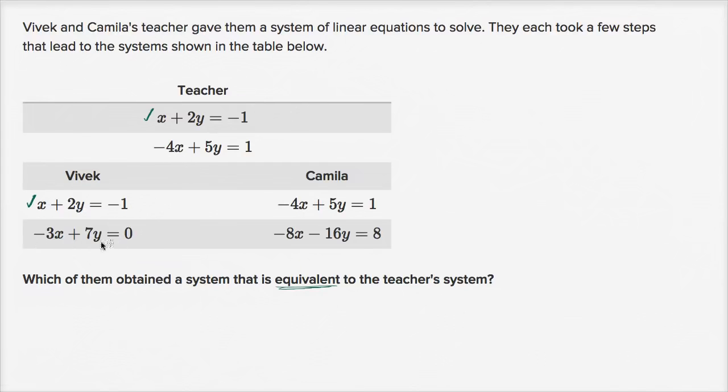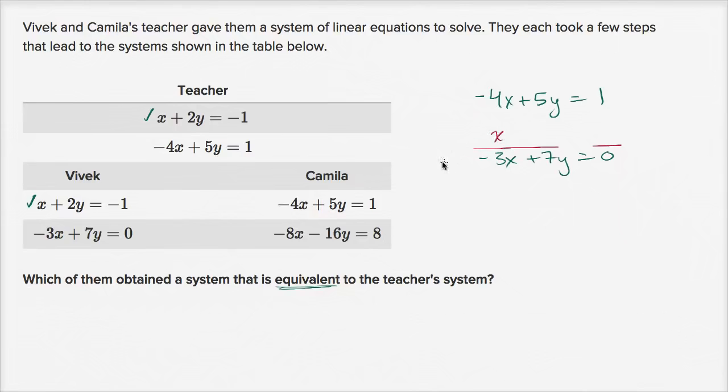So let's see how he could have gotten this right over here. He took negative 4x plus 5y is equal to 1. And from that, he was able to get negative 3x plus 7y is equal to 0. So let's see what he had to do. He would have had to go from negative 4x to negative 3x, so he would have had to add an x.